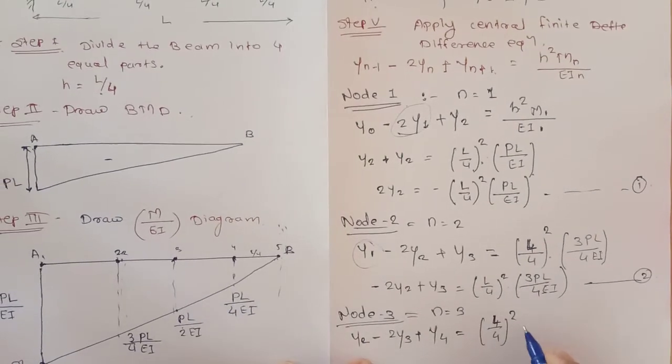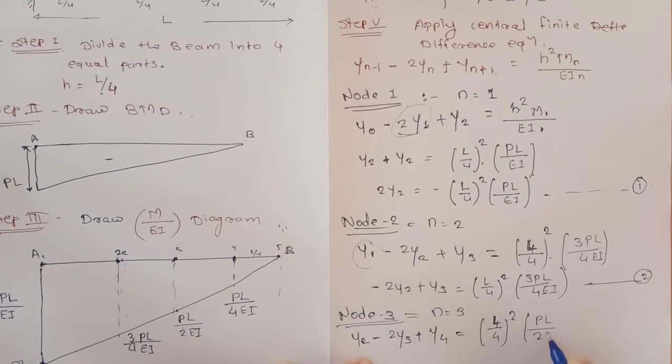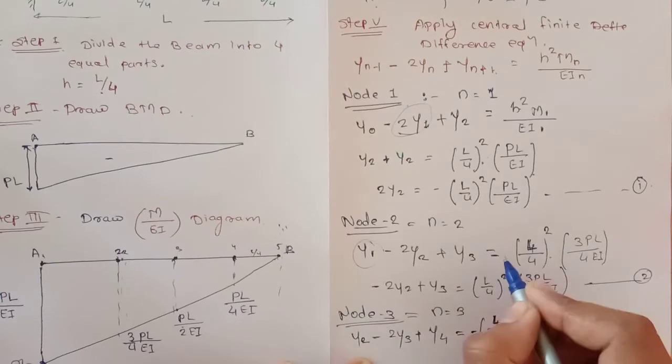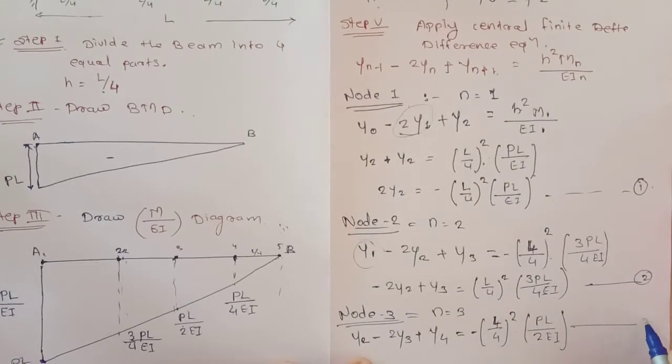So here also minus sign because of hogging bending moment. So this is equation number third.